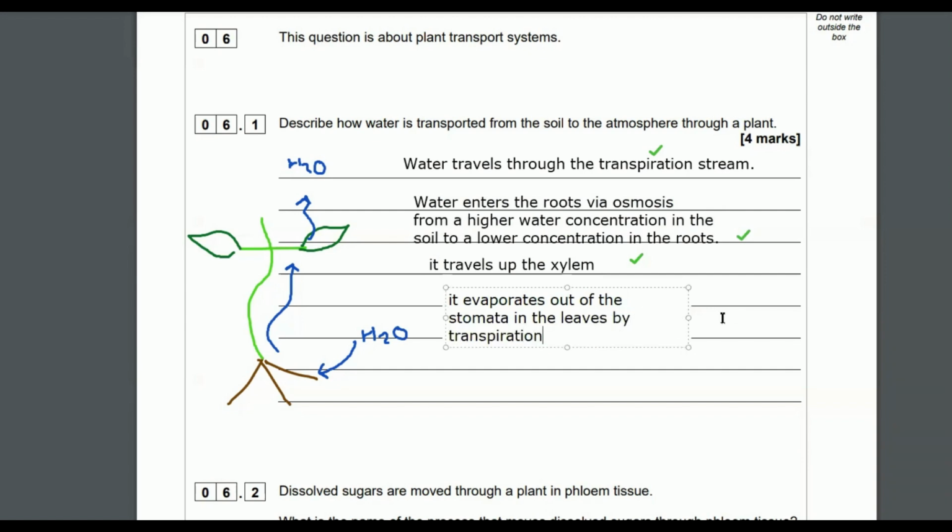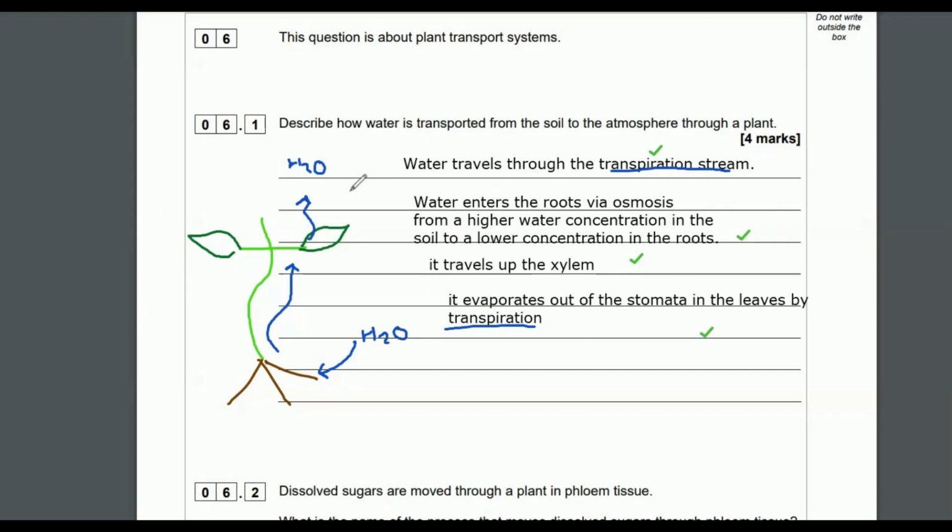Now, you might say, what's the difference between transpiration and transpiration stream? I just want to highlight that because that's come up before in other tests. The word transpiration and transpiration stream are linked, but they don't mean the same thing. The transpiration stream is a term used to say water goes in by osmosis, up the xylem into the leaf and evaporates out of the leaf.